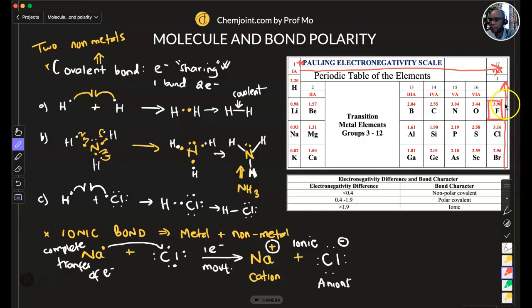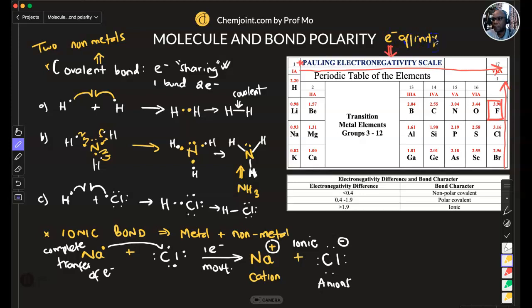So Pauling says fluorine will have roughly an electronegativity of 4.0. Remember that electronegativity is the affinity for electrons by an atom, so like the atom liking to attract electrons. So it's just electron affinity.